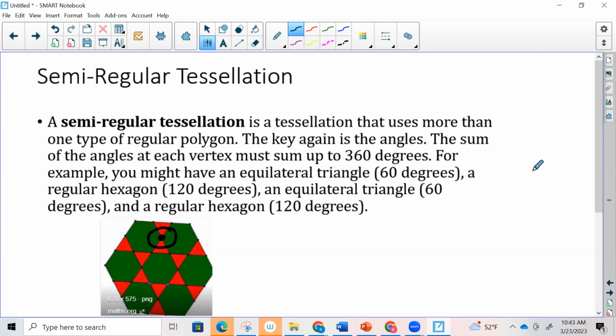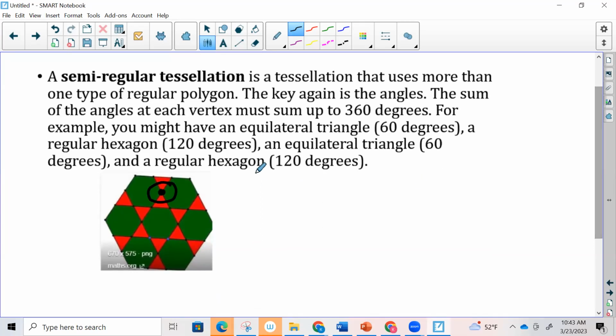So one example of a semi-regular tessellation would be an equilateral triangle with a regular hexagon, and that's because the angles in an equilateral triangle are 60. So if I draw it on the side, I have 60, and the angles in a hexagon are 120.